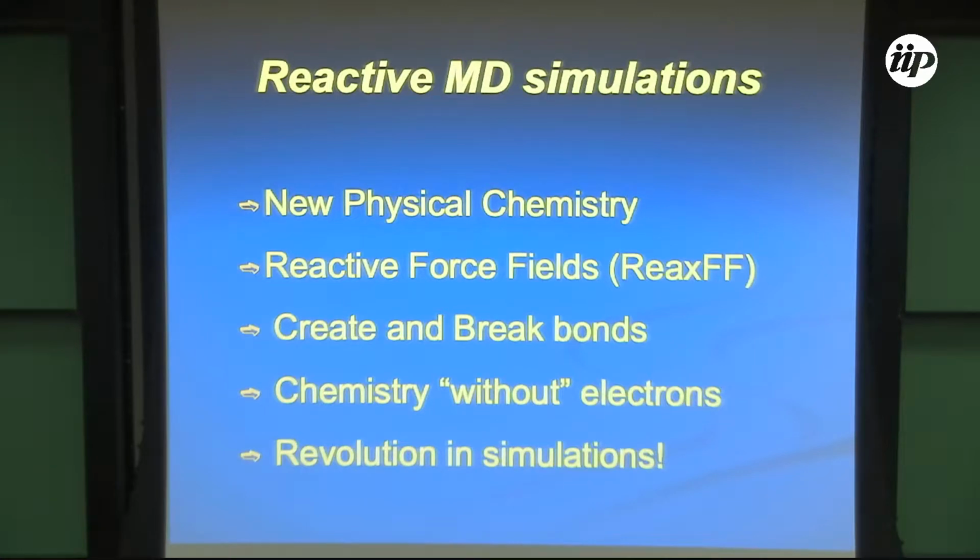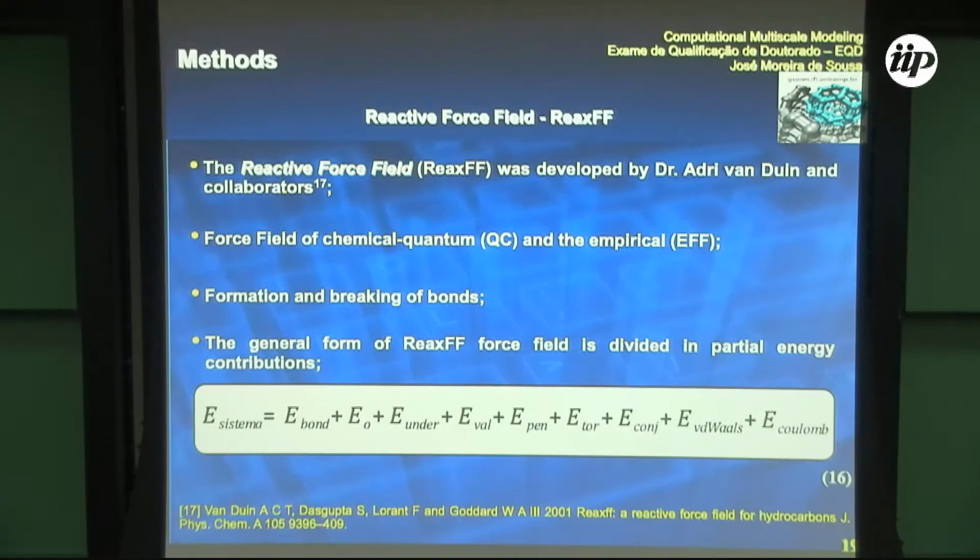So instead of solving the Schrödinger equation, we are solving the usual Newton equation for molecular dynamics, but you can incorporate the chemical reaction. So you are doing chemistry without electrons. It's a revolution. The record now is about 1 trillion atoms, from the Chinese Academy of Sciences. So you are going almost to the real world in this kind of simulation, right?